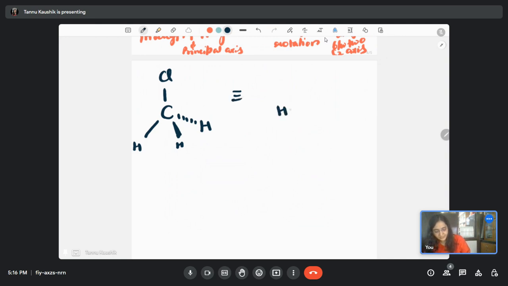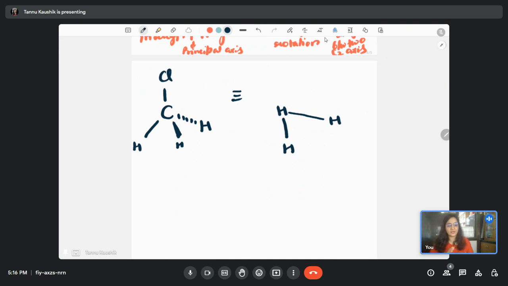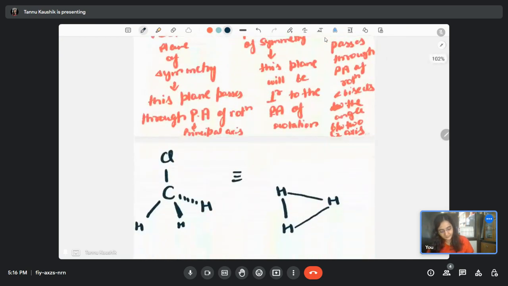I'm again representing these three protons in the form of a triangle here, because if you join them, they will make a kind of triangle. It's just a representation to help you visualize this molecule in an easier way.